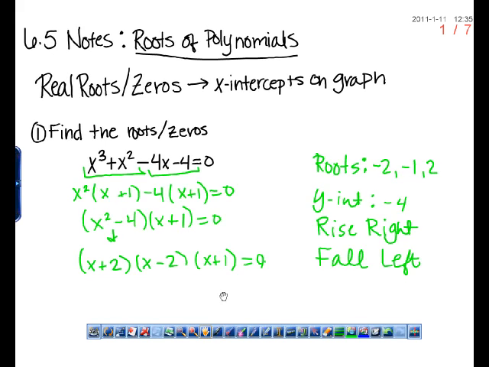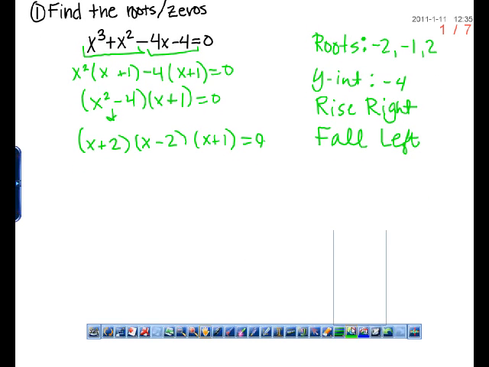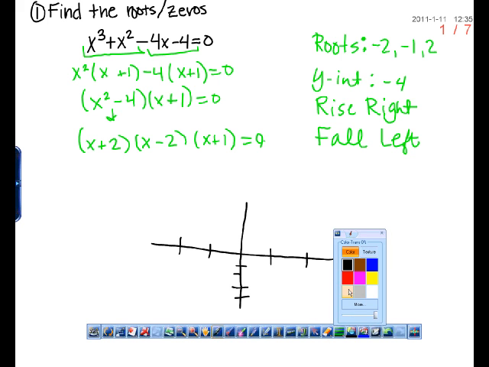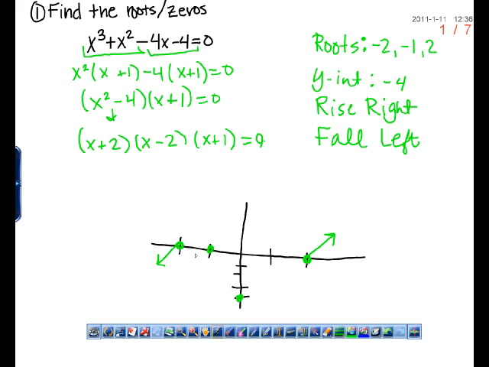So can we sketch a graph of this? Sure. So hopefully yours looks something like this.